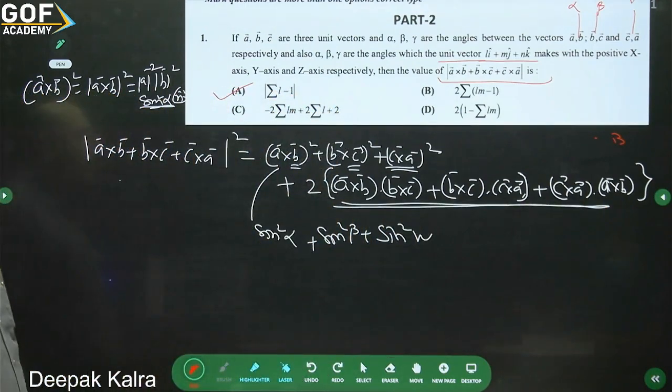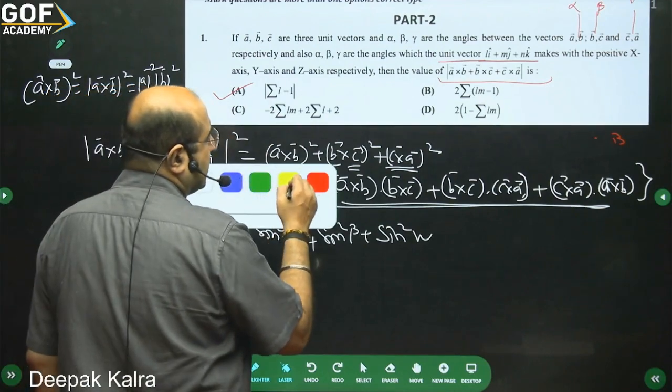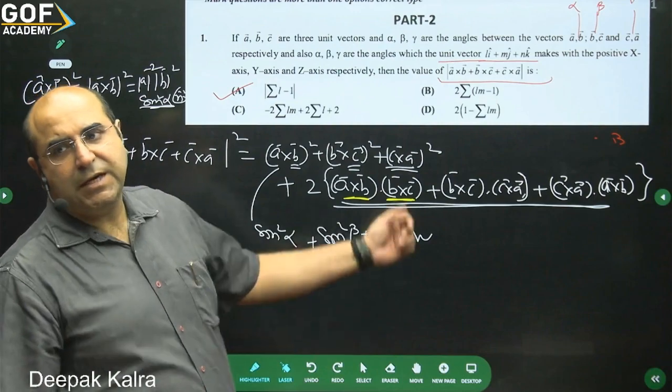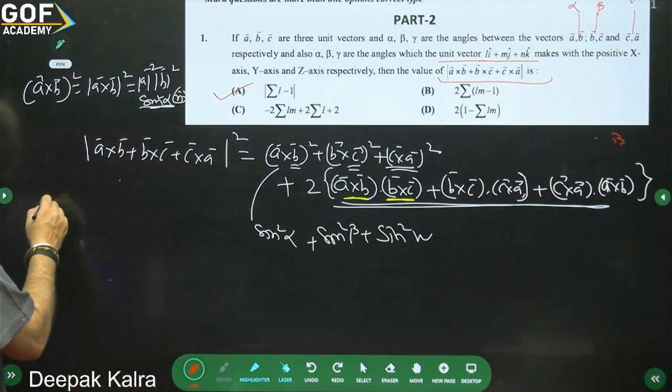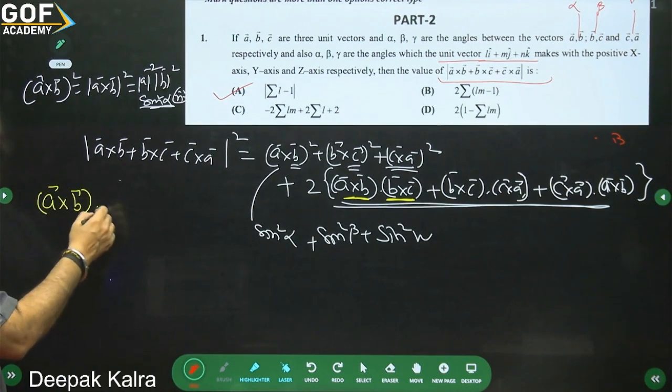This I am just going to tell you. This is nothing but your scalar 4 product. You understand? So whenever you have, I am telling you some different example, A cross B dot C cross D is there. Let us suppose.